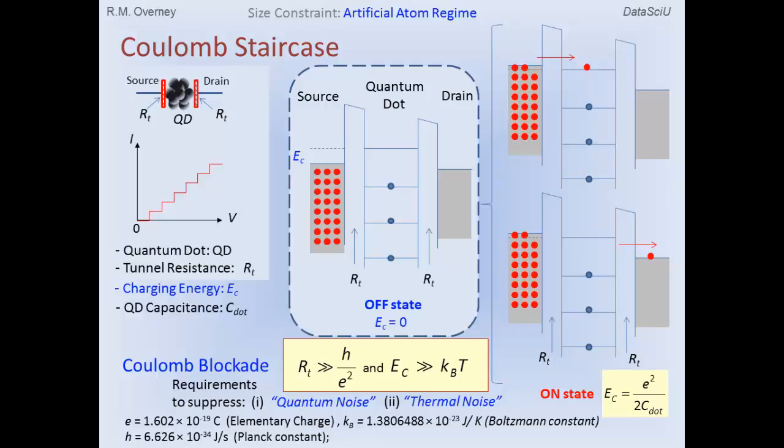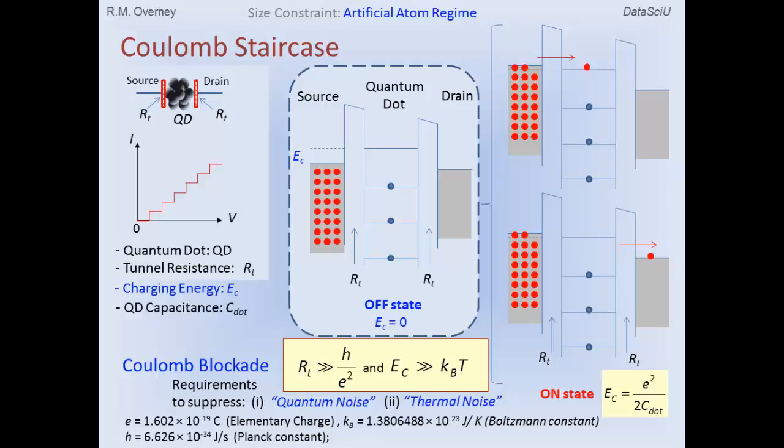I call it here quantum noise. If an energy barrier is exceeded by the quantum noise, electrons can escape spontaneously and hence not be controlled. To avoid such transport, we require a tunnel resistance that exceeds by at least an order of magnitude the ratio between the Planck constant and the elementary charge squared.